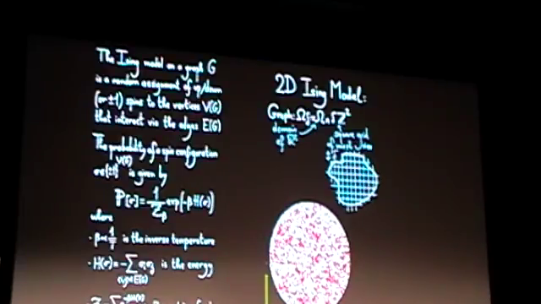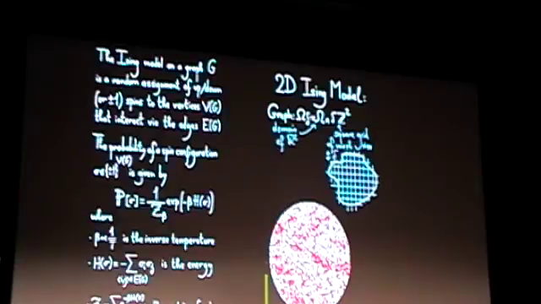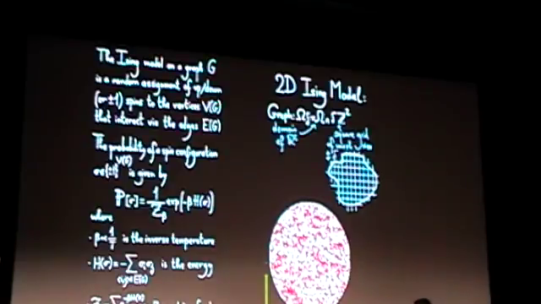You take a continuous domain, and you intersect it with a fine square grid of mesh size delta. Delta is the size of a little square. That gives you a graph, and you look at the Ising model on this graph. So here is a Markov chain, whose stationary measure is the Ising model measure, approximately.